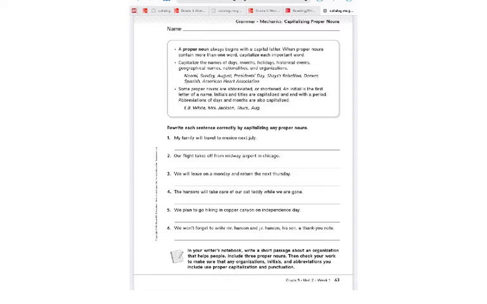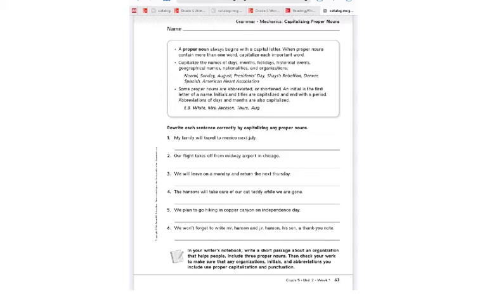So capitalize the names of the days, months, holidays, historical events, geographical names, nationalities, and organizations. So Naomi, Sunday, August, President's Day, Shays Rebellion, Denver, Spanish, and the American Heart Association. These are all proper nouns.